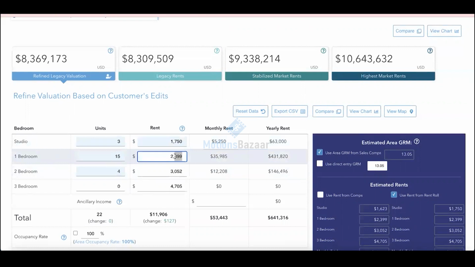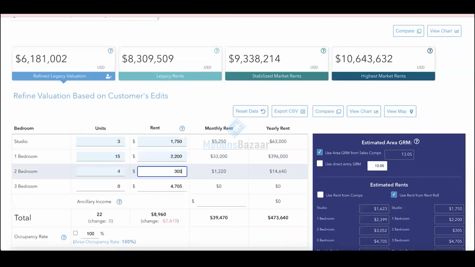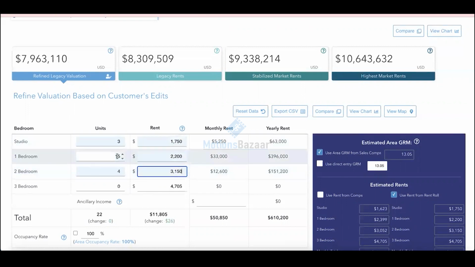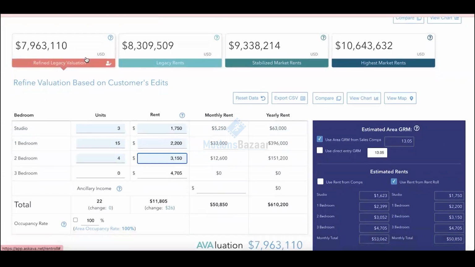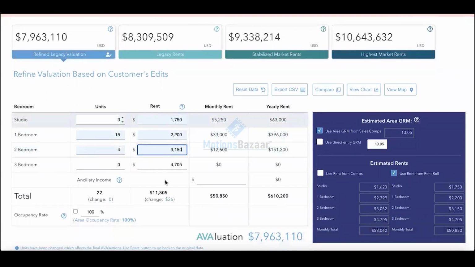My ones are really on average 2,200. My twos, I'm getting about 3,150. Now I've refined the unit mix. I've refined my rents, and now you'll see up here on the left, I have a refined valuation based on these criteria, which corresponds to here.